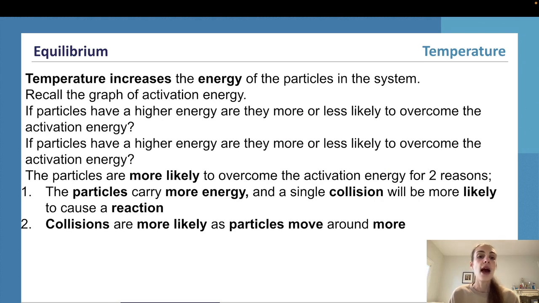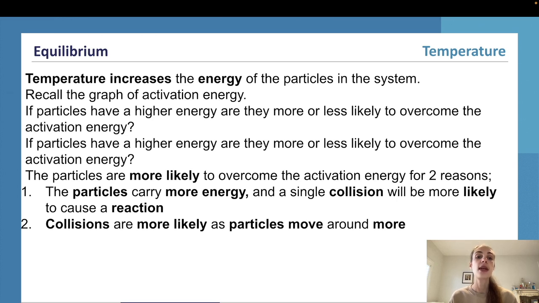So when we consider how temperature affects the equilibrium position, we can consider how temperature affects the movement of particles in a system. So temperature increases the energy of the particles in a system.